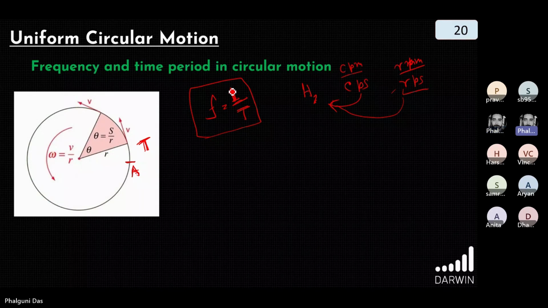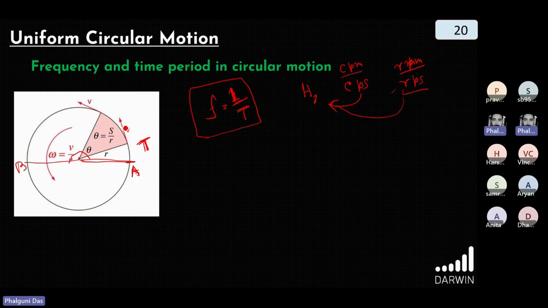So if we consider a circular motion, suppose a particle moving from point A and returning to point A, how much total angle is it covering?